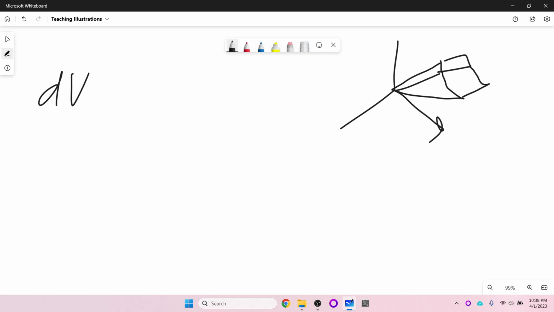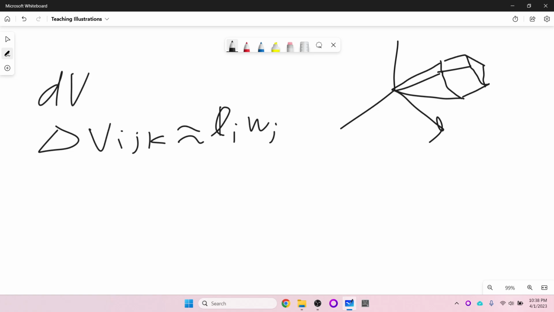Frankly, I find this difficult to deal with. I thought about trying to work my way through the whole thing and show it to you, and that turned out to be pretty complicated. Length i, width j, height k gives you a volume ijk, because it's approximately the same as a box.